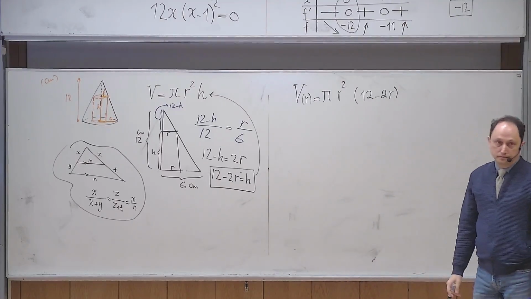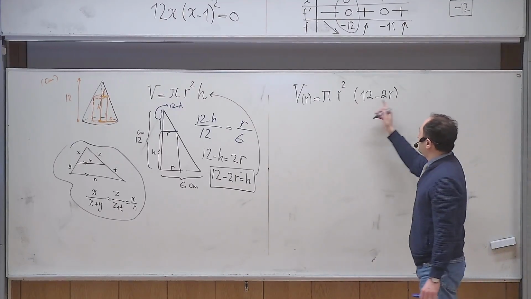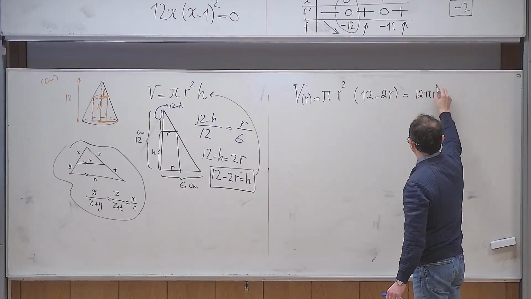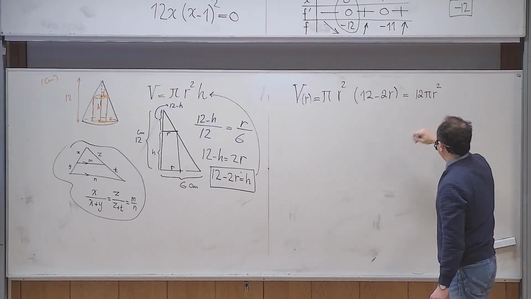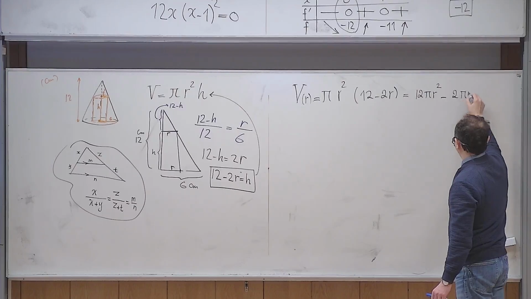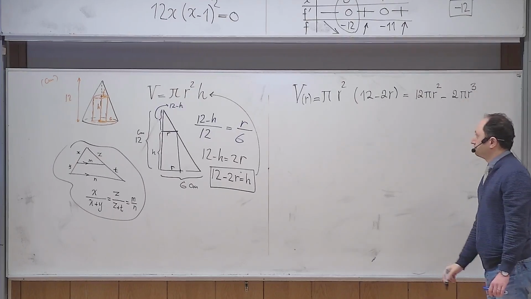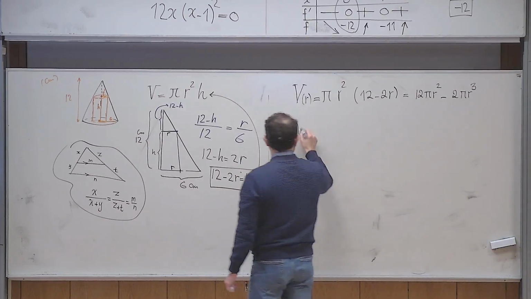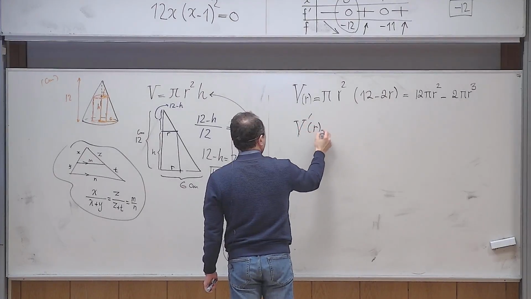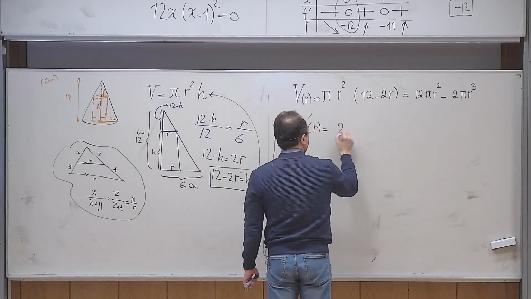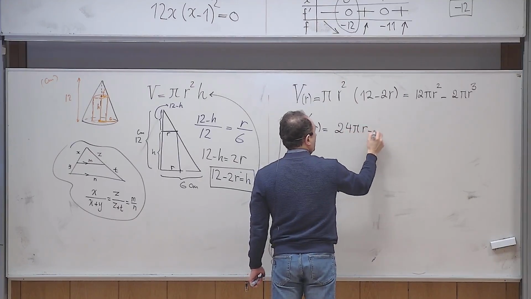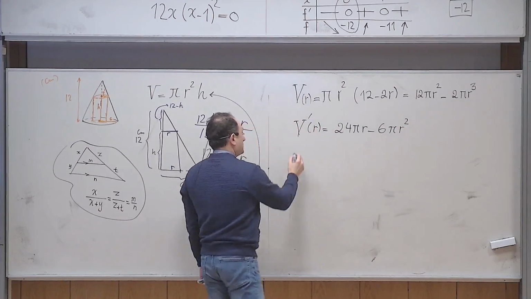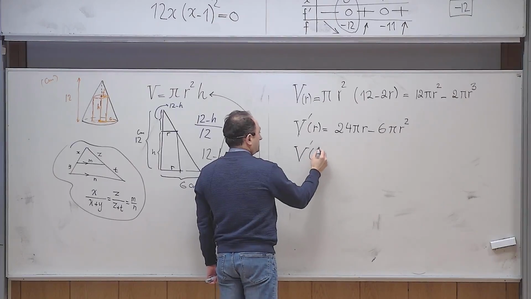Yes? And then I do the same. I multiply this in, so it becomes 12 pi r squared. I multiply this in, it becomes minus 2 pi r cubed. And then I take the derivative because I want to find the maximum. So V prime of r is equal to what? 24 pi r minus 6 pi r squared. Then I put the derivative equal to 0.